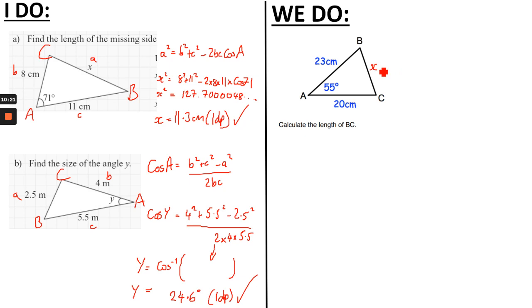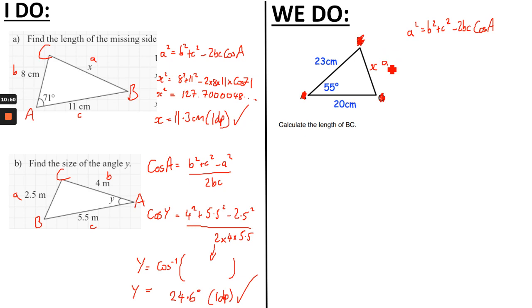Okay, so we're trying to work out this length. The formula that we need is a squared equals b squared plus c squared minus 2bc cos A. Now remember, a must be the length that we're trying to work out. So even though they've put some letters on to try and help you, in this example, if that is lowercase a, this is going to be capital A. Sometimes they're going to trick you, so you don't actually need the letters that they give you.